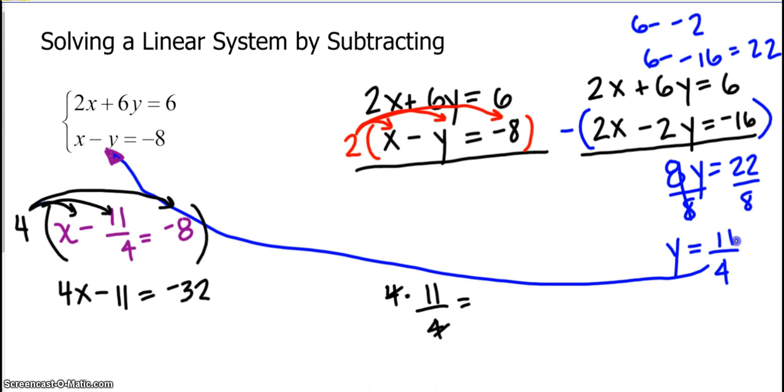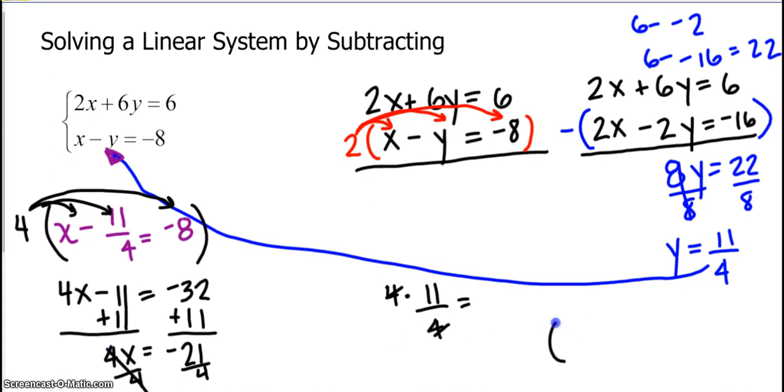And again, I love that this came out to be a fraction so that you can see how we can clear our fractions. It's always helpful when you can review what you've learned. I'm going to add 11 to both sides, giving me negative 21. Therefore, x is equal to negative 21 over 4, and y is equal to positive 11 over 4.